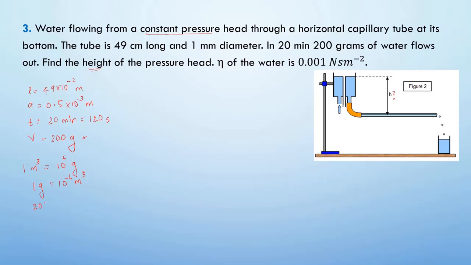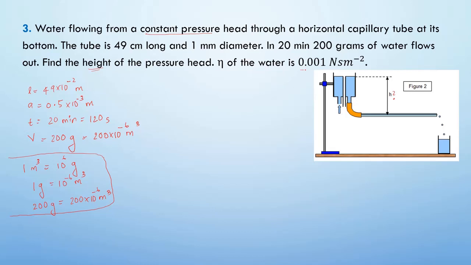Therefore, 200 gram is equal to 200 into 10 to the power negative 6 meter cube.